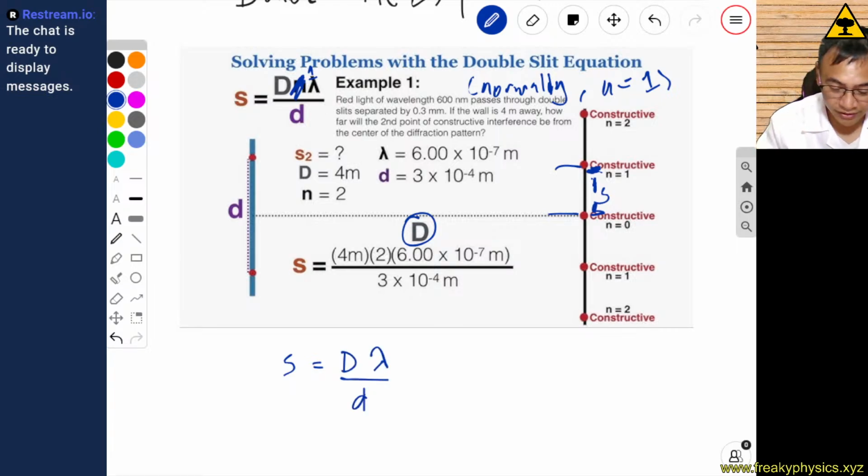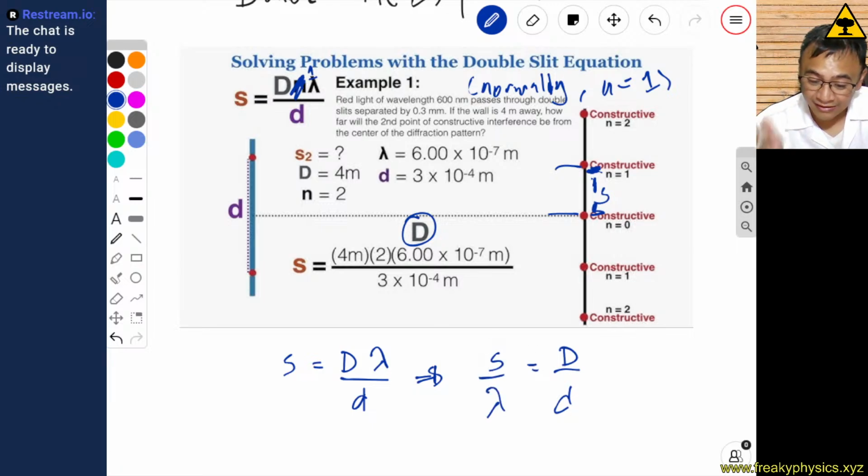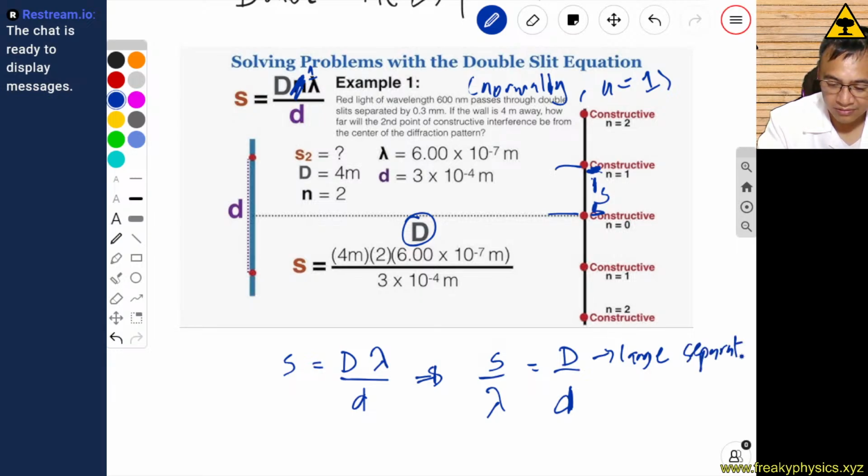Now I'm going to rearrange this so that the two d's are together, like so. So this is going to be S over lambda equals D over d. I like remembering it this way, especially once you get really familiar with the formula, because it tells you something. Big D is the large separation. Small d is a small separation.